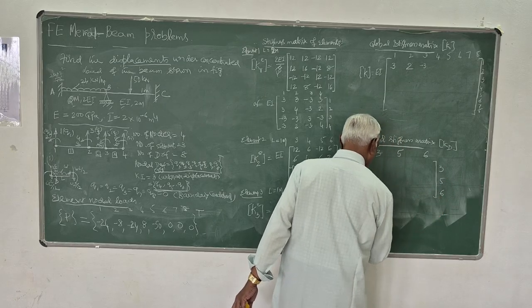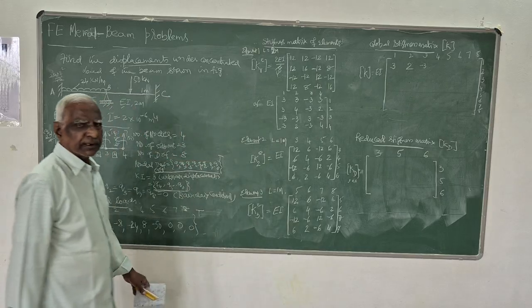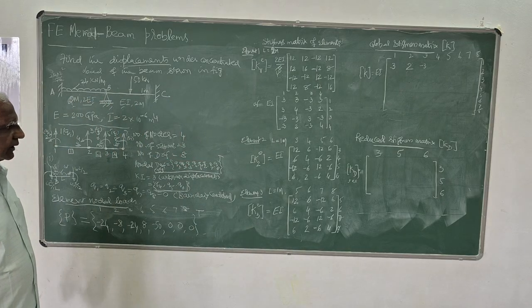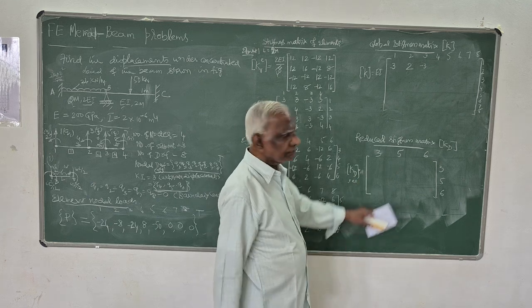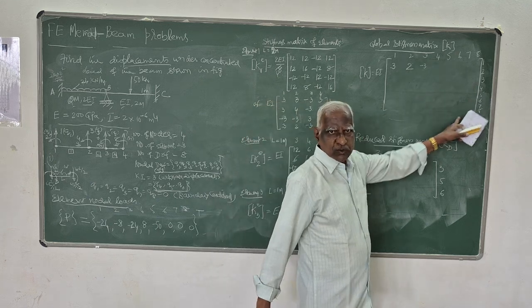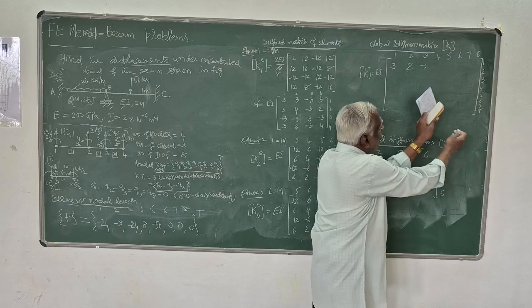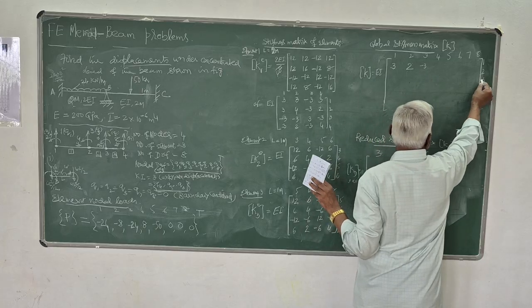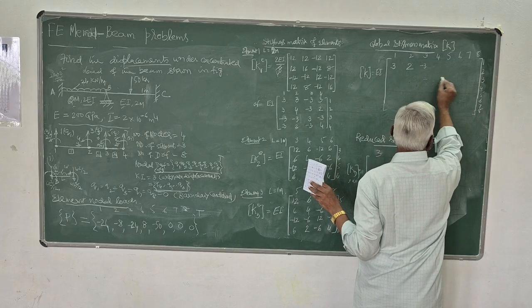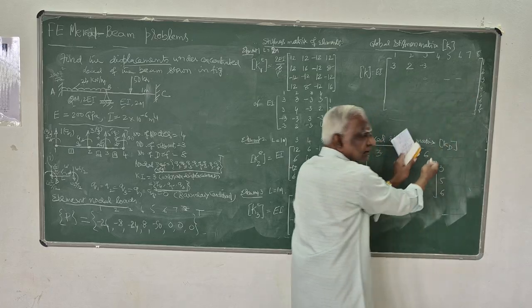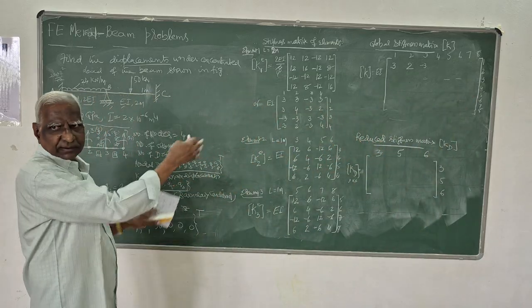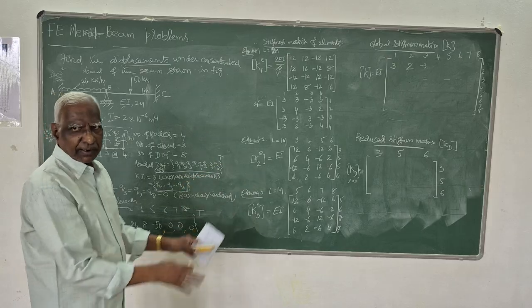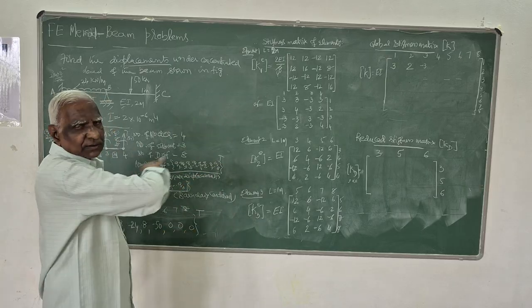Only corresponding to these unknown displacements, I will calculate it. So the remaining thing, I don't want. Because here also, when once you generate this, you take out only the element corresponding to 3, 5, 6. Like that, 5, 3, 5, 5, 5, 6. You can choose and do it. Remaining things you can leave it.